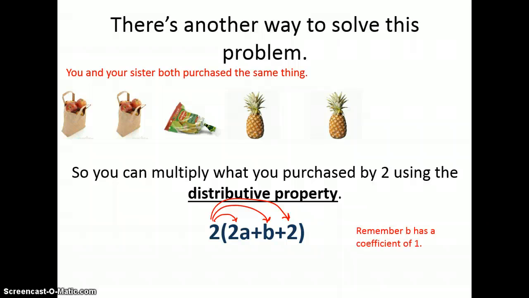Remember, b has a coefficient of 1. If there's no coefficient written, we know that it's actually a 1. So when I multiply 2 times 2a, I get 4a, because I'm just multiplying coefficients. Plus 2 times 1b is 2b, plus 2 times 2 is 4. So I get the same answer using the distributive property.